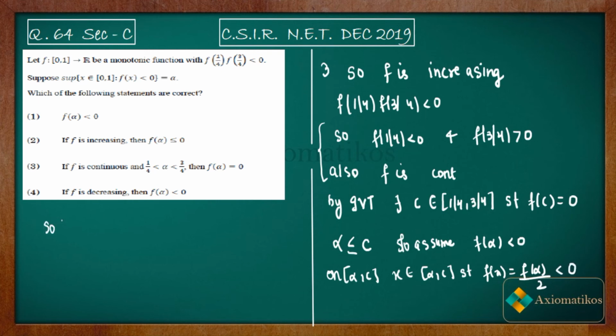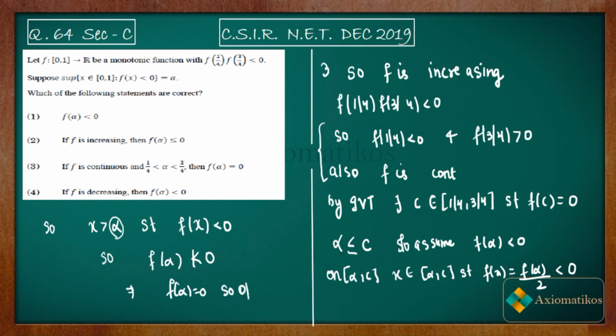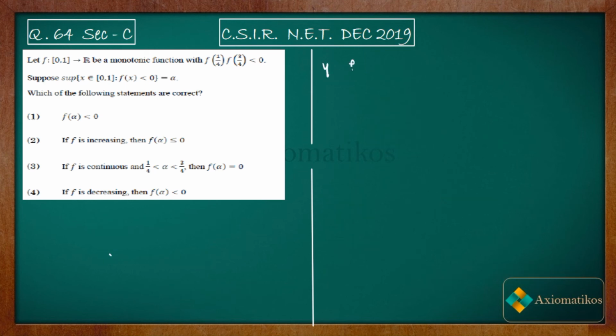So we are getting some x greater than alpha such that f of x is less than 0, but this will contradict the definition of alpha. So our assumption was wrong. F of alpha is not less than 0. It implies that f of alpha is 0. So option C is correct.